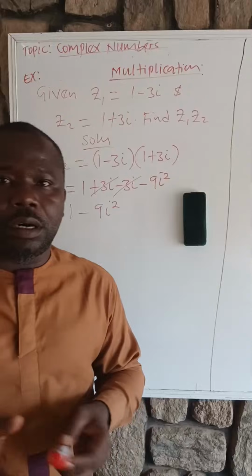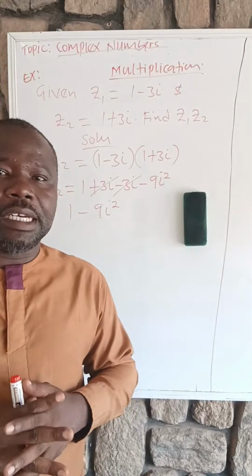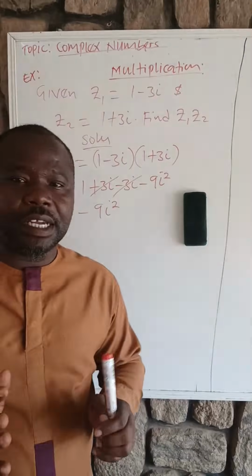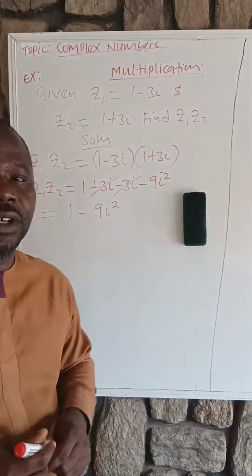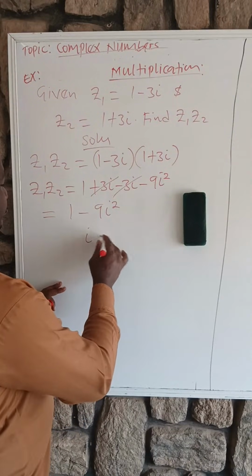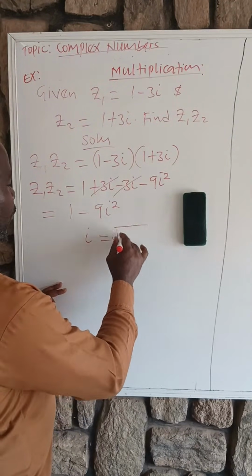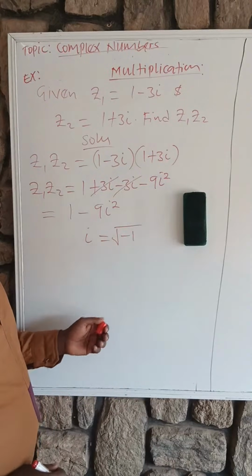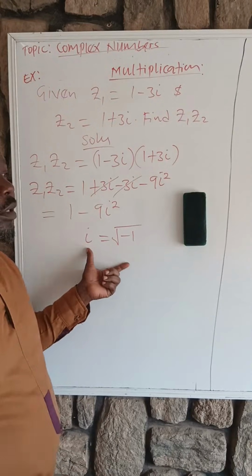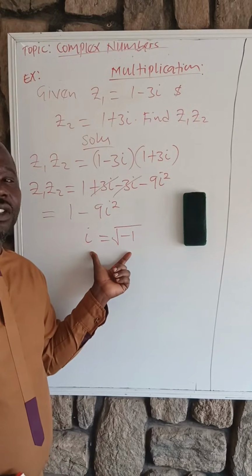If you could recall, in the class I made mention that we consider the powers of i, that i is equal to the square root of minus 1. It means whenever you have the square root of minus 1, it is known as i.